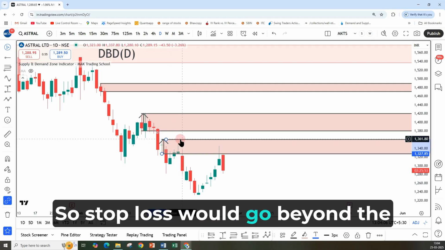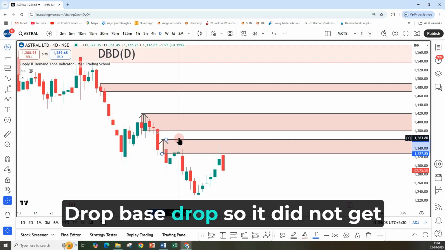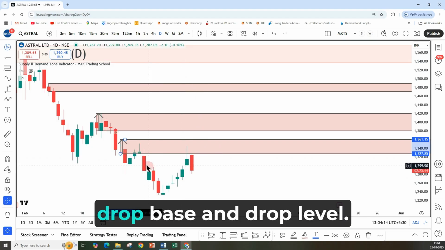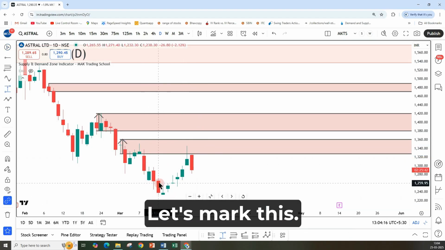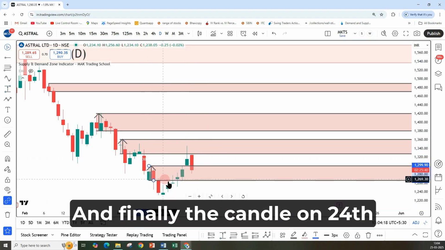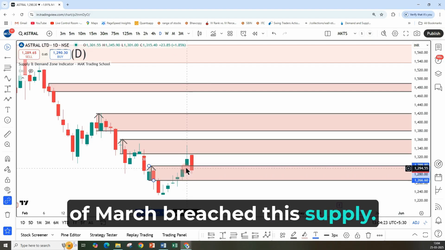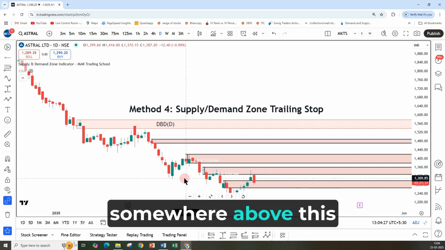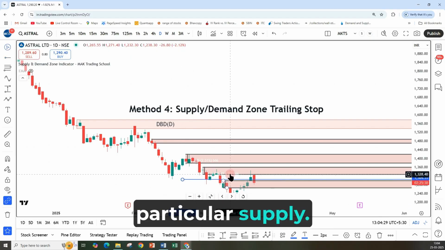So stop loss would go beyond the drop base drop. So it did not get stopped out. Further when it fell down, it made another drop base and drop level. Let's mark this. And finally, the candle on 24th of March breached this supply. So I would have exited the trade somewhere above this particular supply.